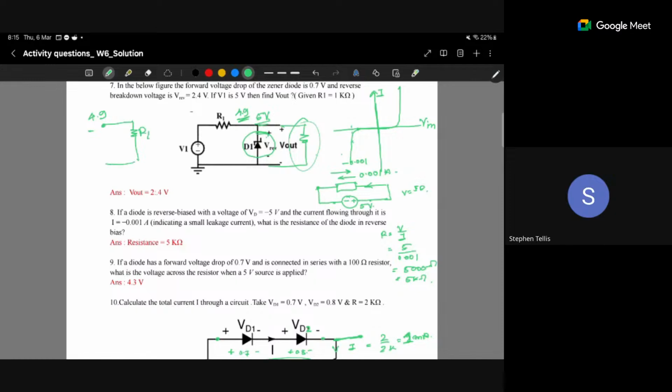This is RL. Sir, but if in the IV characteristic the current is tending to infinity after the breakdown voltage, it means it is behaving like a perfect conductor. Yeah, it is conducting perfectly. I think that is what he didn't understand.